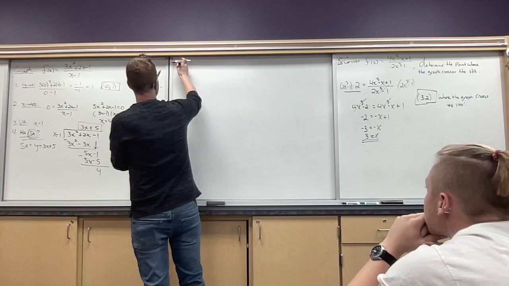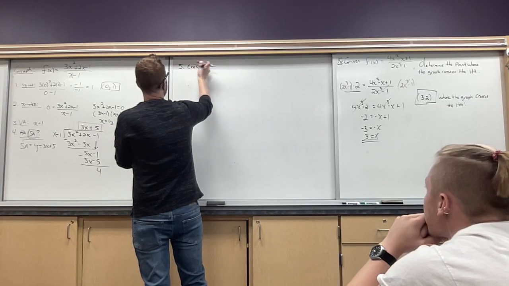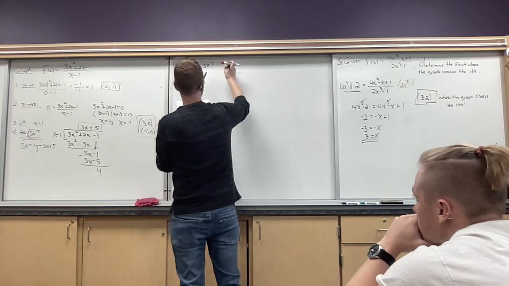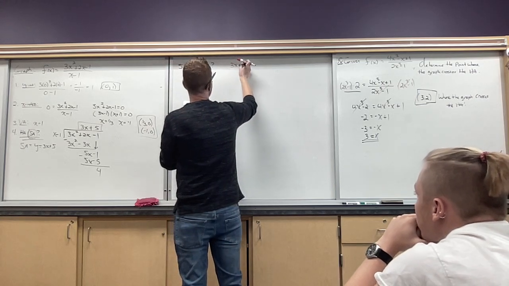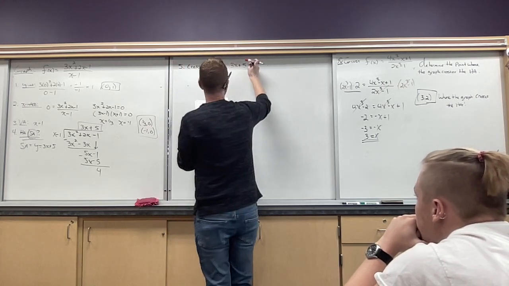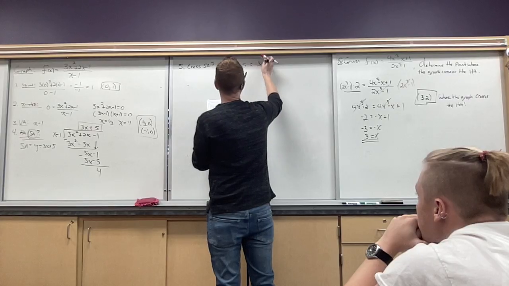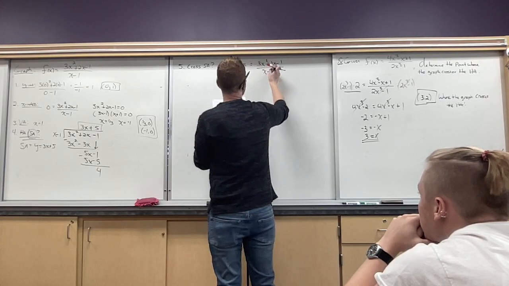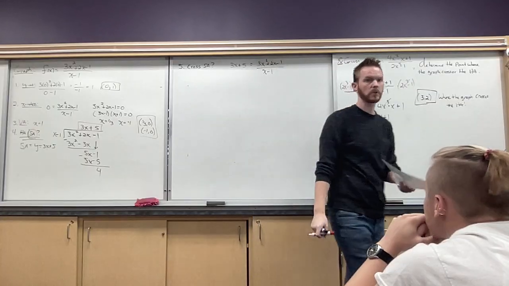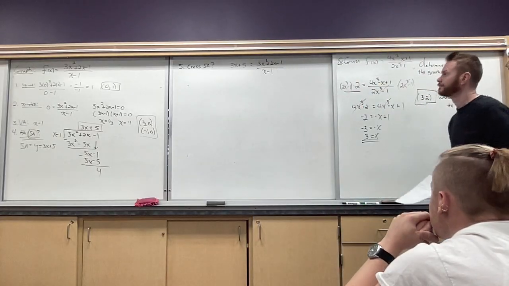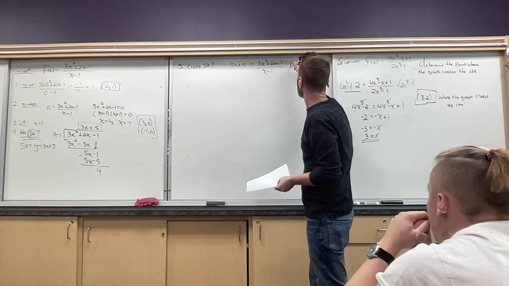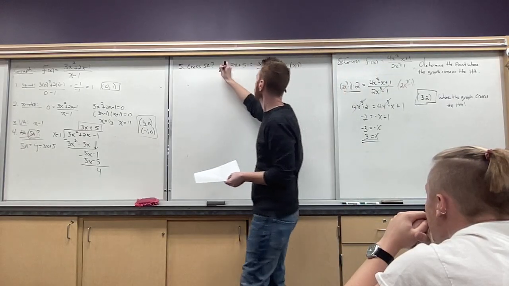So step 5: does it cross the slant asymptote? Let's see. We're going to set the slant asymptote equal to the function and see if they intersect. And by the way, it's perfectly fine if they don't. That can happen. We just want to know if it does. So I'm going to multiply both sides by x minus 1.